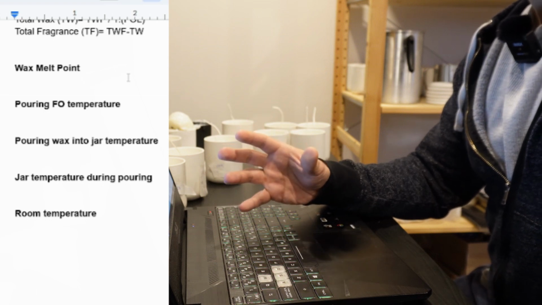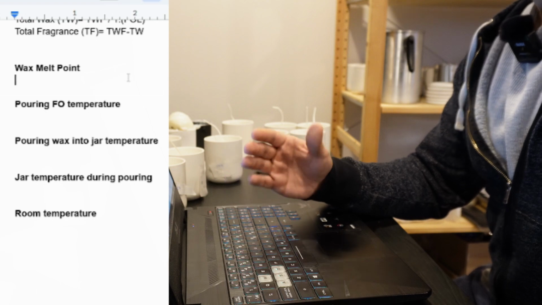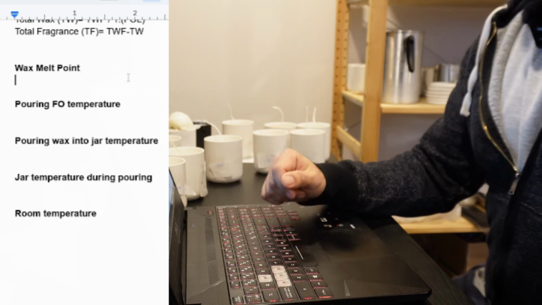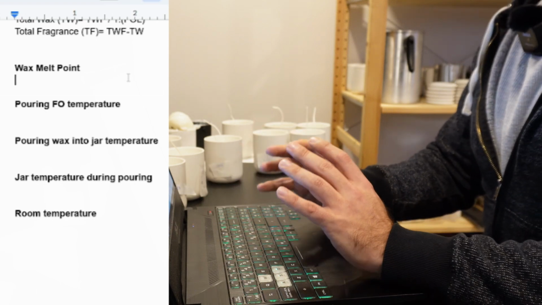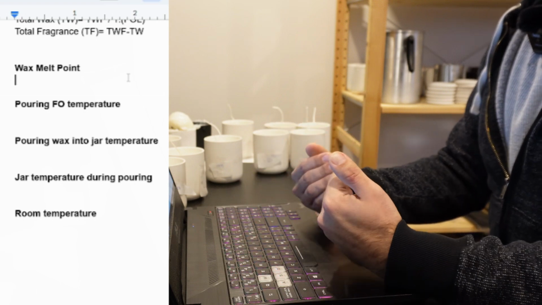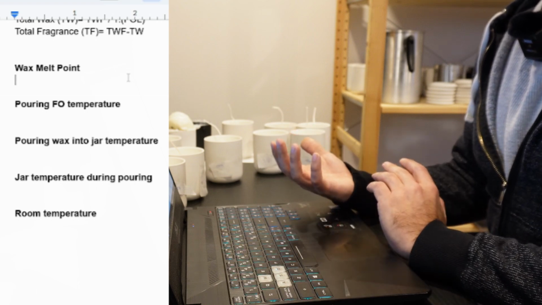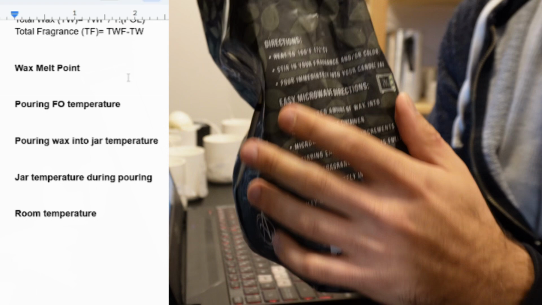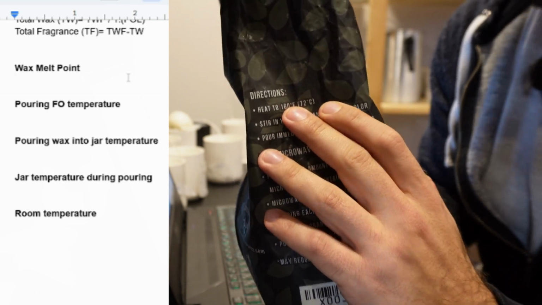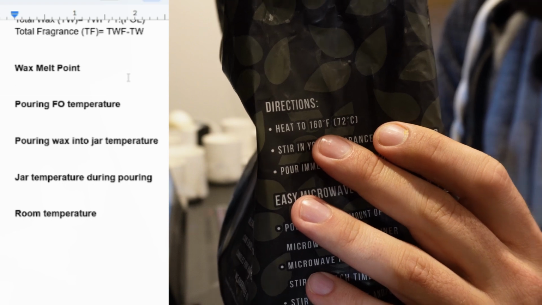What I mean by wax melt point is, this is kind of a general piece, but for example, if you take the Soy Flex that I was giving you an example of before, you will see that the directions here say to heat up to 160.